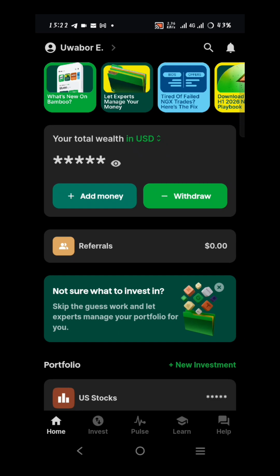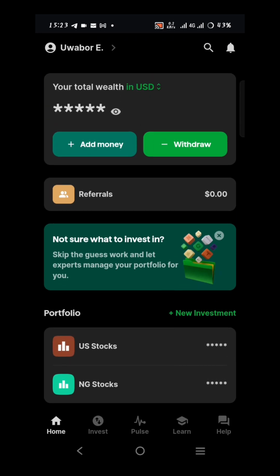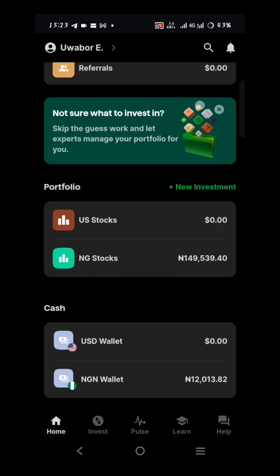Okay guys, now I want to show you how to buy your US stock using your Bamboo app. It's very simple. You can see the US stock that we have here. Now, if you look at it, the amount left for me to buy shares is 12,013 naira, in Nigerian currency. This is not US currency but Nigerian currency.